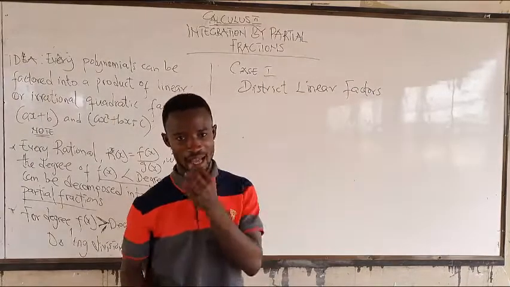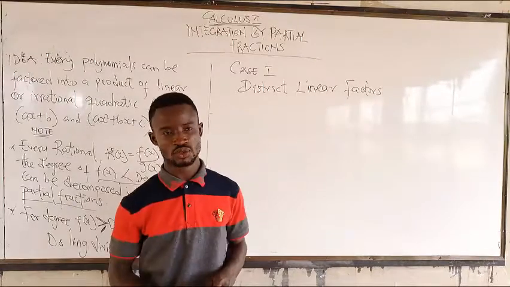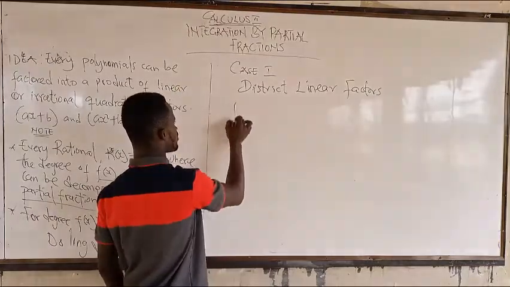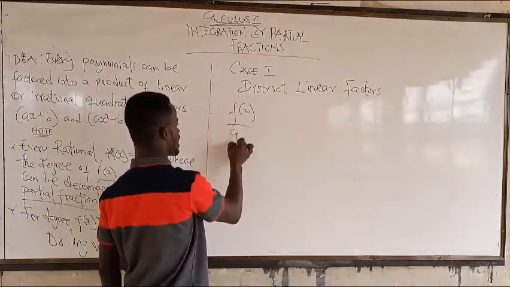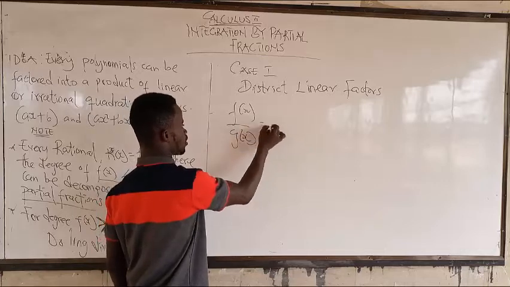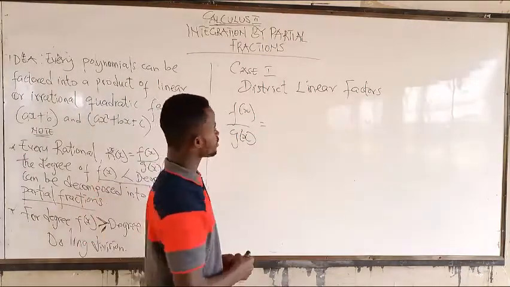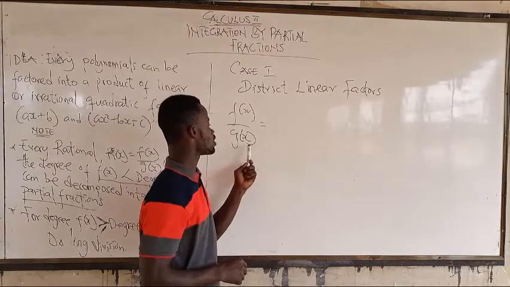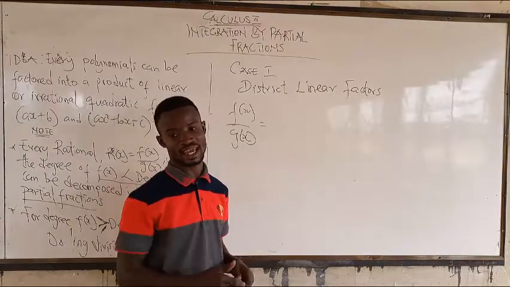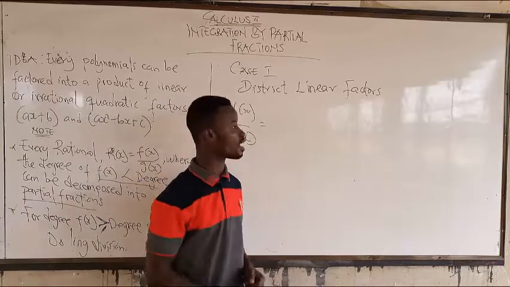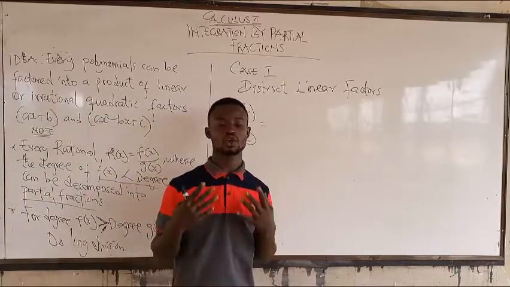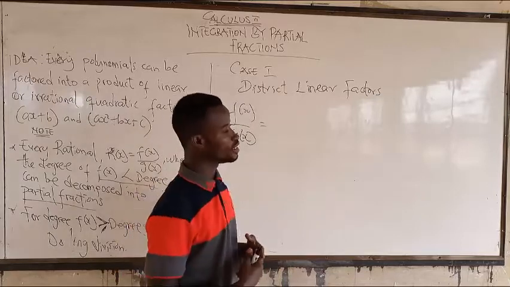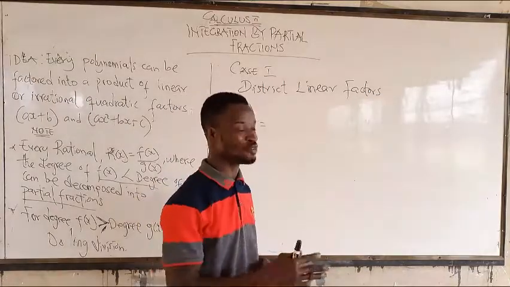That is when you have f of s over g of s. Then that means that the denominator here is linear. When we talk of linear, you know what linear means. Linear means something which is straight.